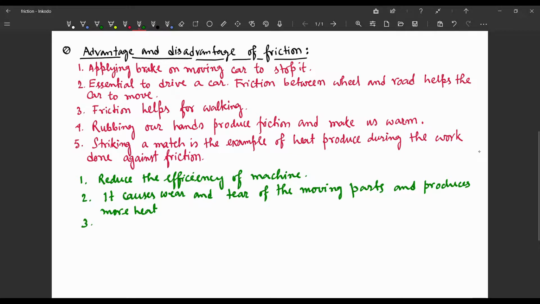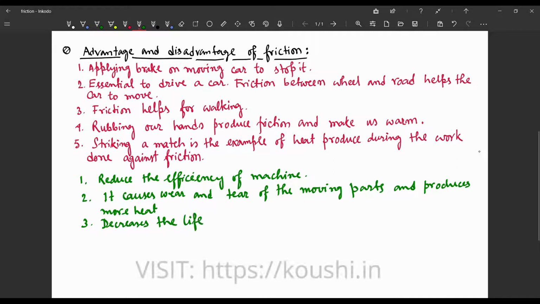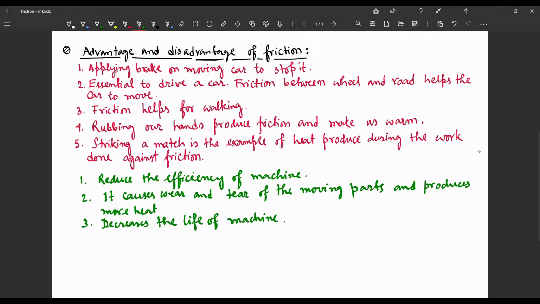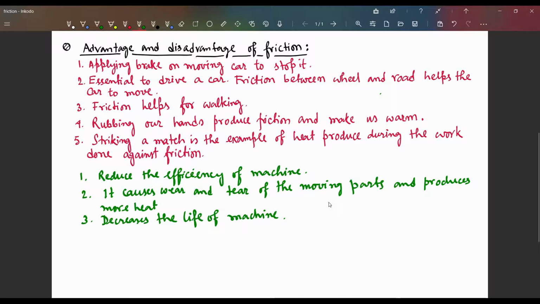Therefore, it decreases the life of the machine. Therefore, to minimize friction, we use wheels, bearings, rollers, and lubricants. To reduce air friction, high-speed automobiles and aeroplanes are built in a special shape that is called streamline shape.